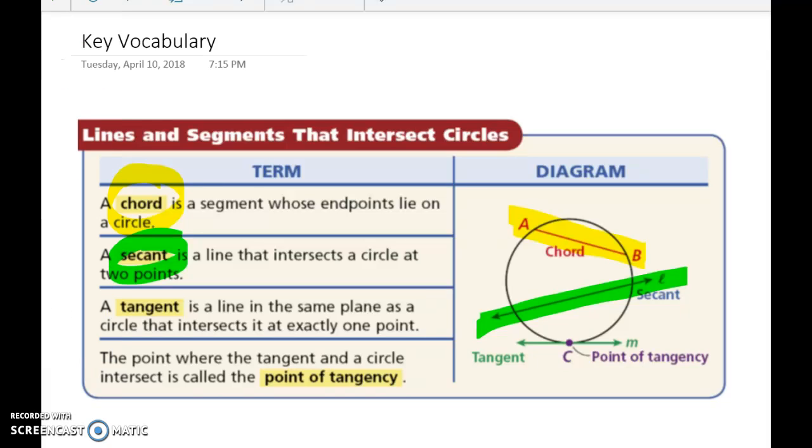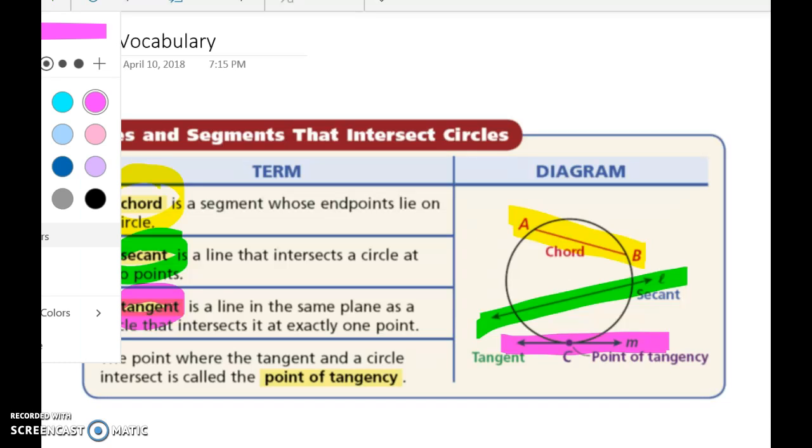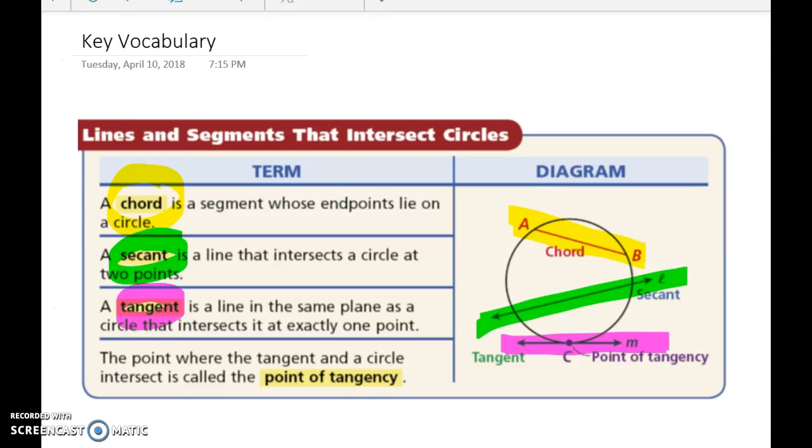Moving right along, a tangent is a line in the same plane as a circle that touches it in exactly one point. So this is a tangent. M is getting really close to the circle, touches the circle in exactly one spot, and then just happily goes on its merry way.